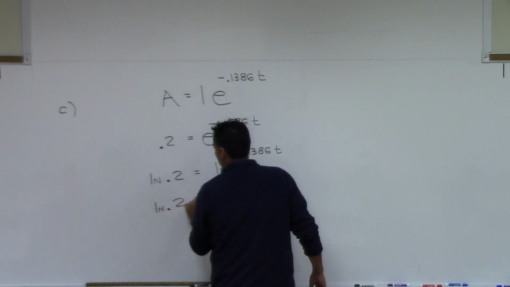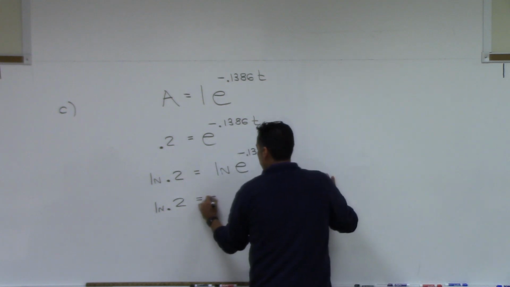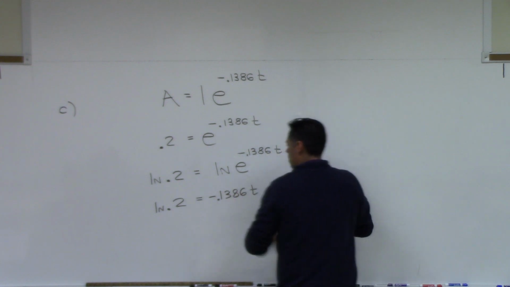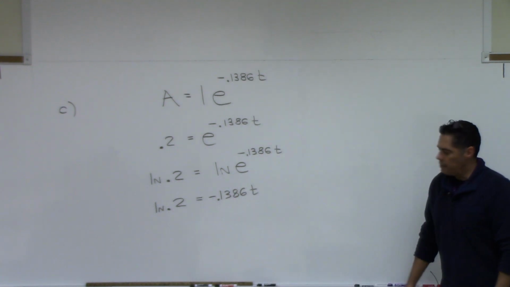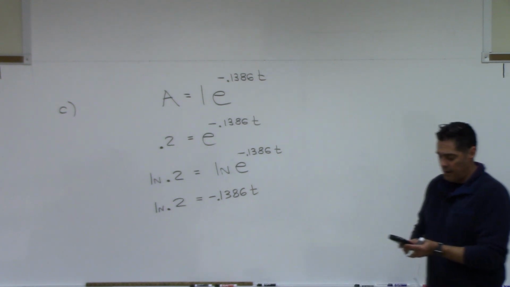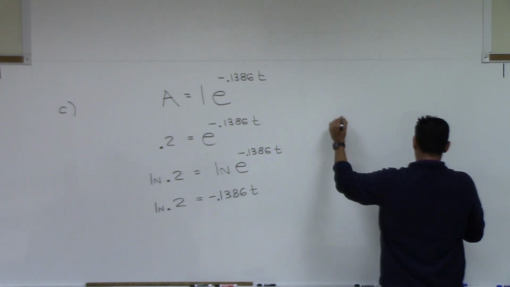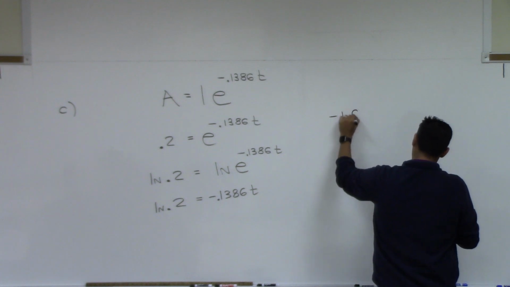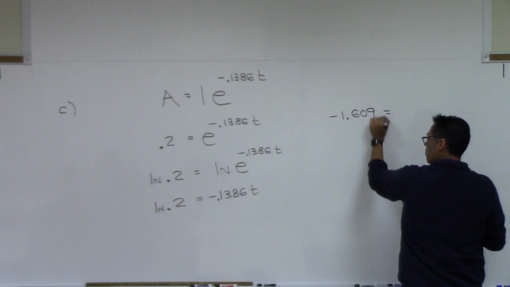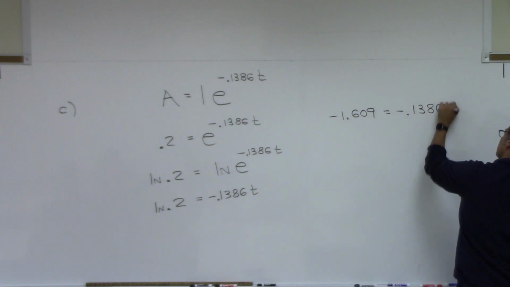I just keep doing it over and over just so that people see it's actually dropping out in front, but you get to a point where you're like, yeah, no, they just go away, right? So calculator, I'm going to do natural log of 0.2, not 2, right? Natural log of 0.2. Almost done. Negative 1.609 equals negative 0.1386t.